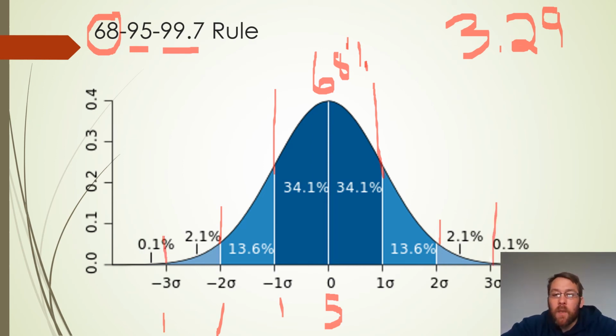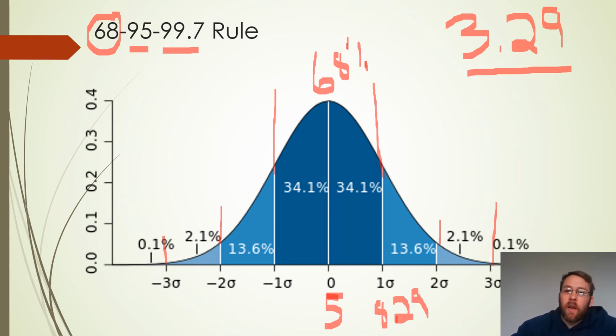All right, okay, so let's go back to our old data set where we get this standard deviation of 3.29. What this means is that my mean is 5. If I add 3.29 onto that, I have 8.29.